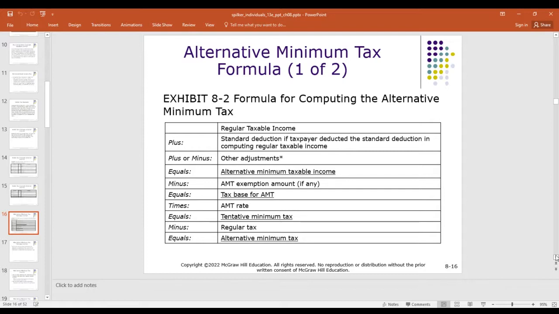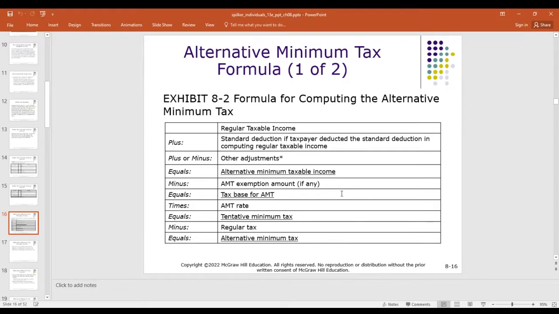We have to add in any tax exempt interest income that we didn't add for our regular taxable income. And if we added a state refund for regular taxable income, we could subtract it. Once we add and subtract those adjustments, we get to our alternative minimum taxable income.